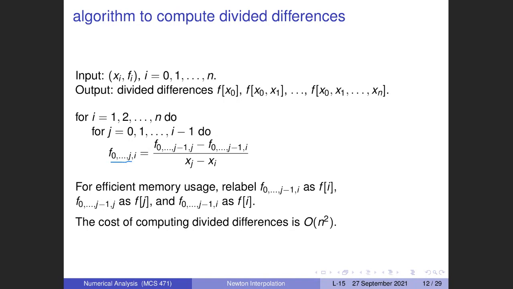The symmetry again, the interpolating polynomial is invariant under the order of the representation of the points. So this is the algorithm on paper in pseudocode, and that's all there is.